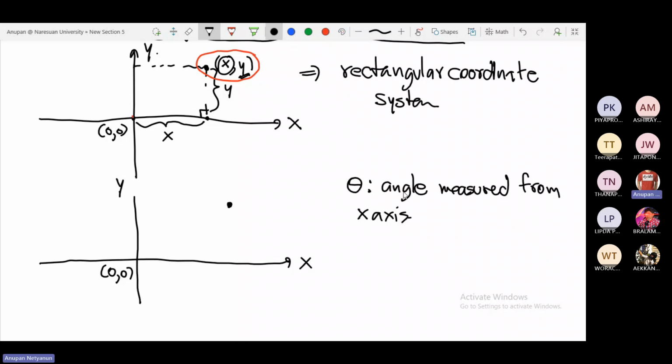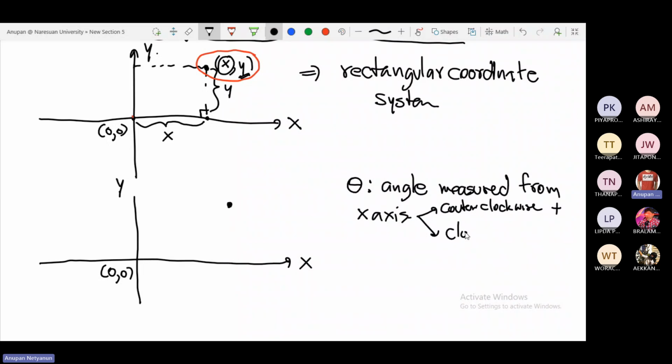Now, there are two things. If we measure from the x-axis counterclockwise, your angle will be positive. And if we measure from the x-axis clockwise, meaning going down, right? Counterclockwise from the x-axis is going up, right?